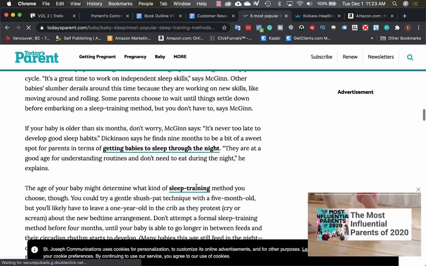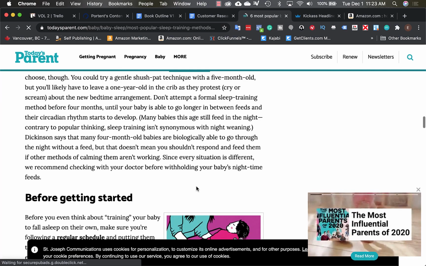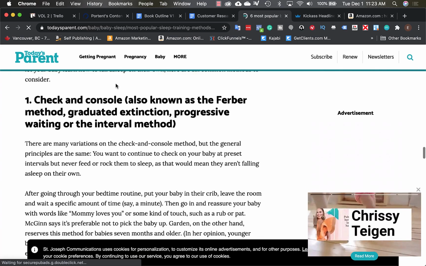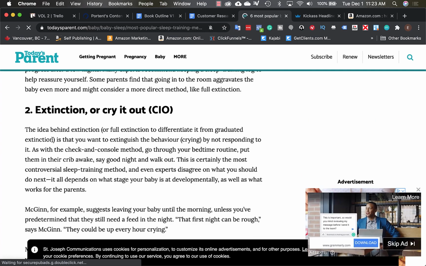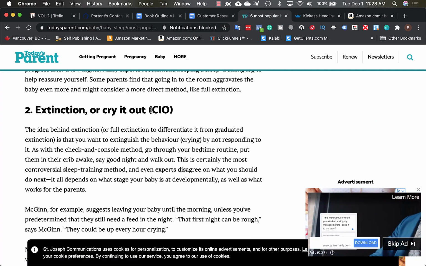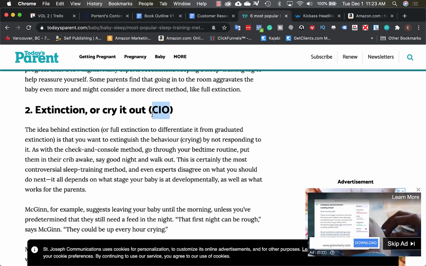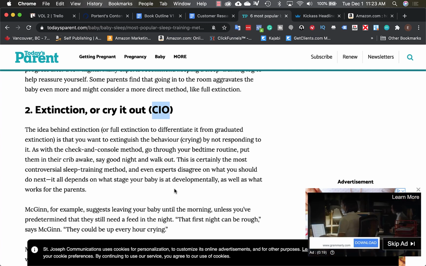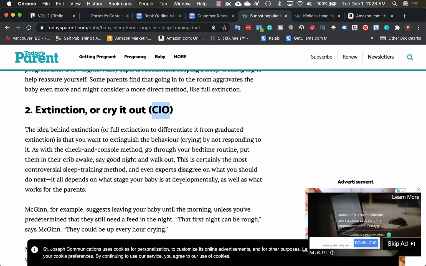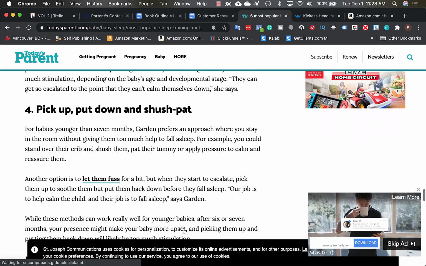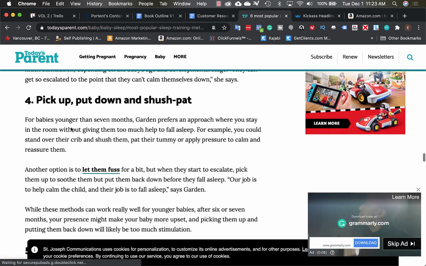And this is where you're going to start doing all the research, putting together the foundation of your book. So the places, known as the Ferber method, CIO. Right there, that's language that sleep training uses. CIO. So in your book, you want to make sure you're talking about the CIO method, the cry it out method, right? That's something even I never knew. We didn't sleep train our kids. Pick up, pat down, and shush pat.